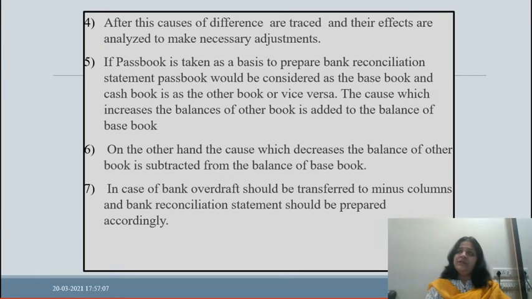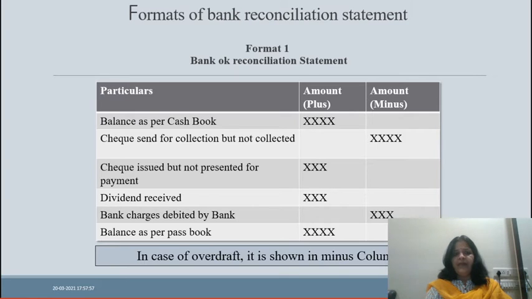The item which increases the balance of the other book is added to the balance of the base book. On the other hand, the item which decreases the balance of the other book is subtracted from the balance of the base book. In case of bank overdraft, it should be transferred to the minus column and bank reconciliation statement should be prepared accordingly.